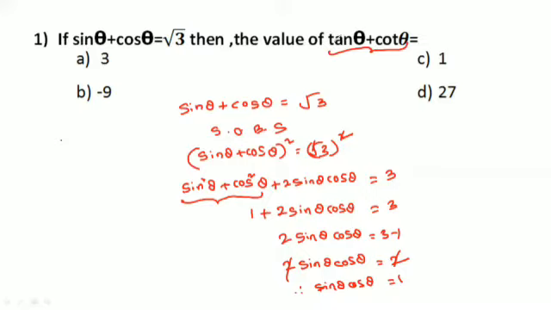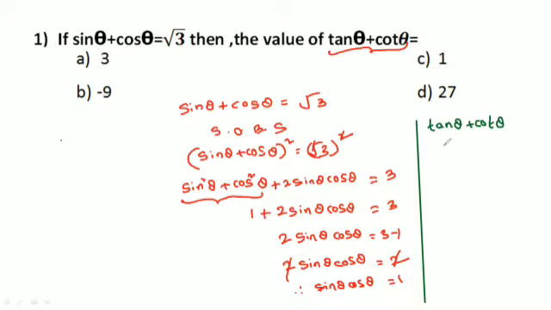So we are going to express tan theta and cot theta in sine and cos terms here. So let us do now. See, children, they are given tan theta plus cot theta.